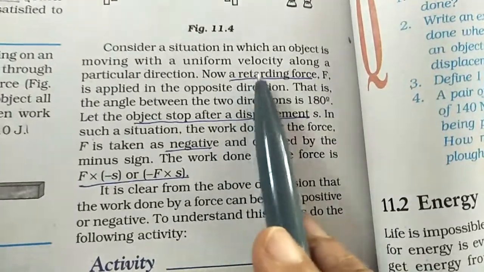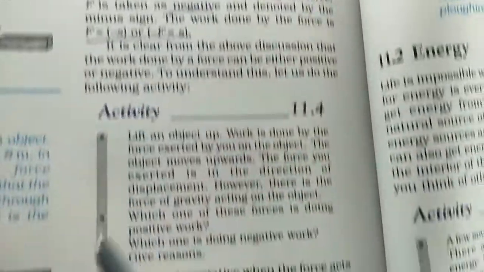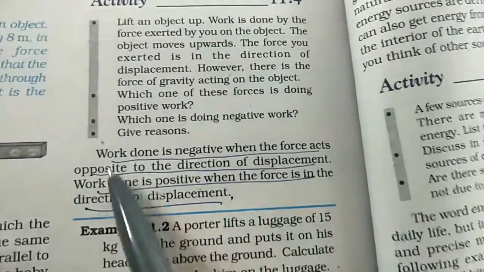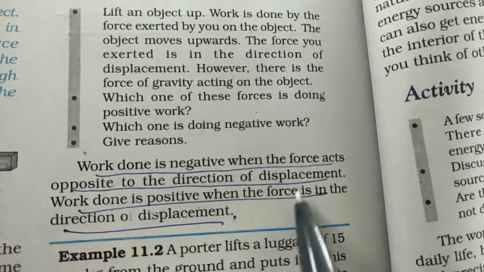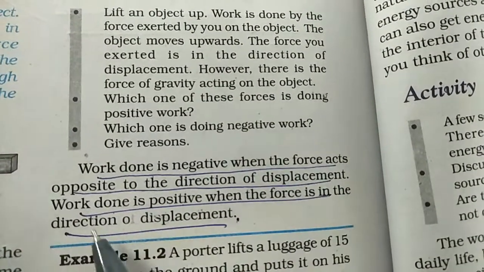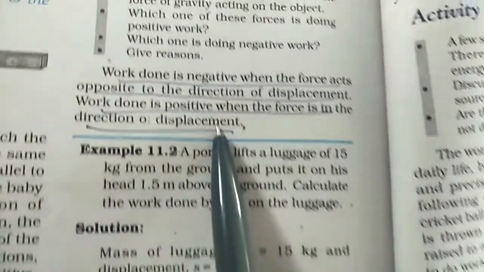When the force acts in the opposite direction, it is called a retarding force. So work done will be negative when the force acts in the opposite direction of the displacement, and work done is positive when the force is in the same direction as the displacement.